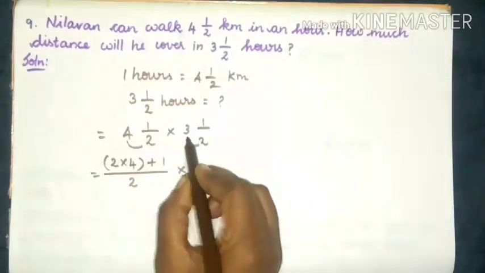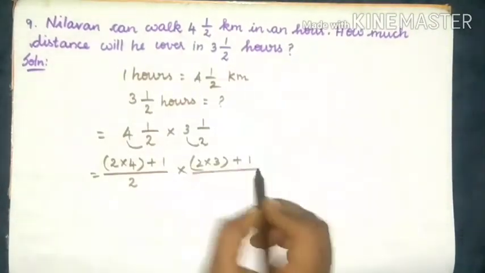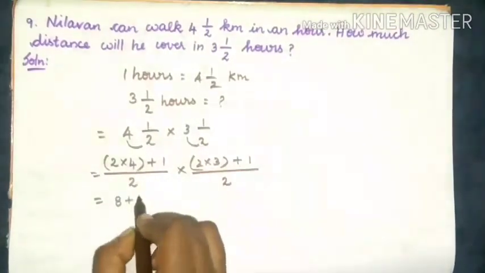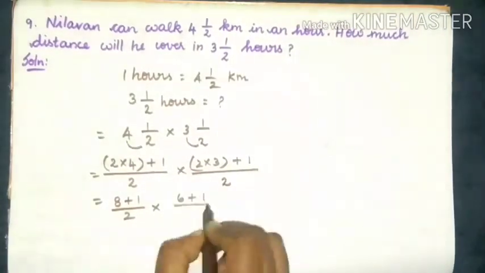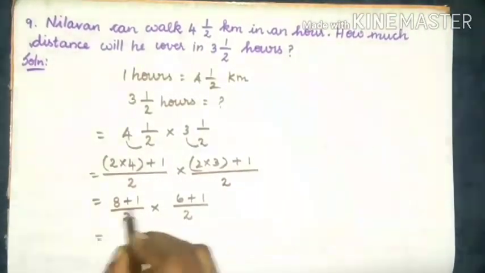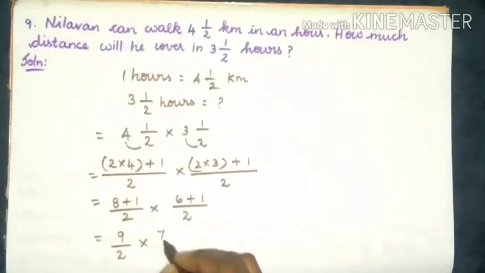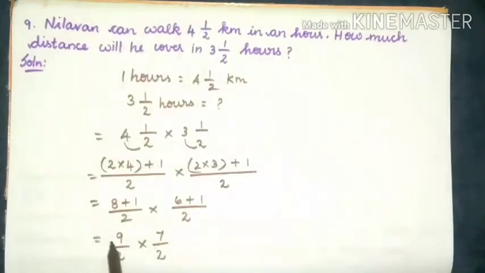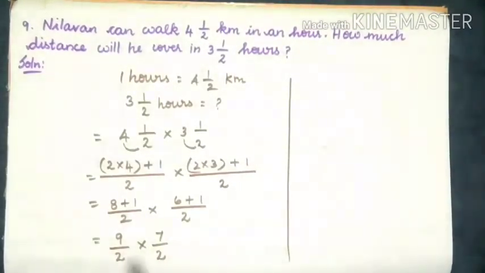Then 2 into 3 plus numerator 1 divided by 2. 2 4s are 8, 8 plus 1 is 9, 9 by 2. 2 3s are 6, 6 plus 1 is 7, 7 by 2. Here we have no cancellations because in 2 table 9 will not come and in 2 table 7 also will not come. So directly you have to multiply the numerators and denominators.